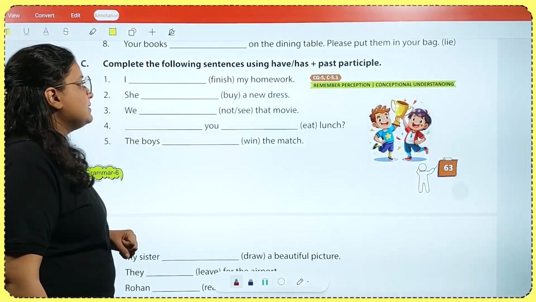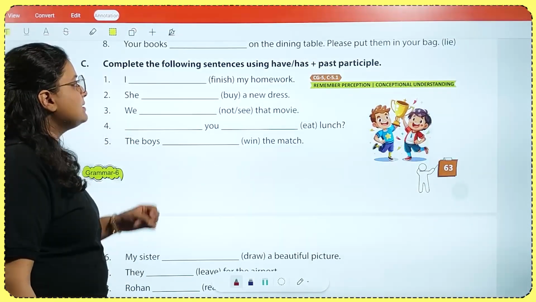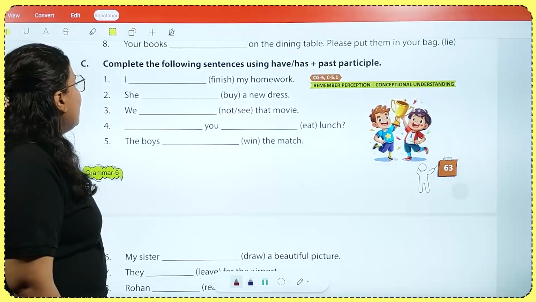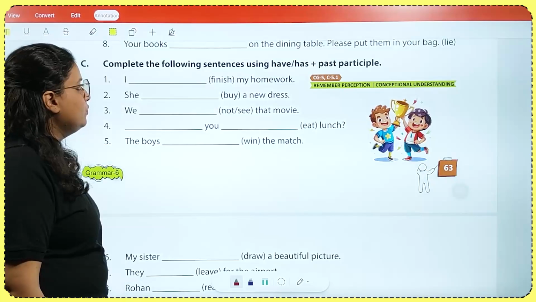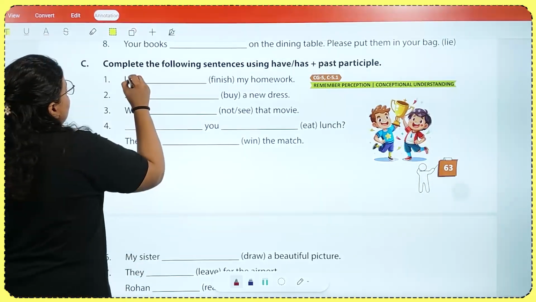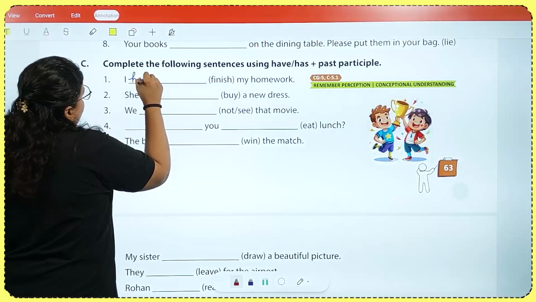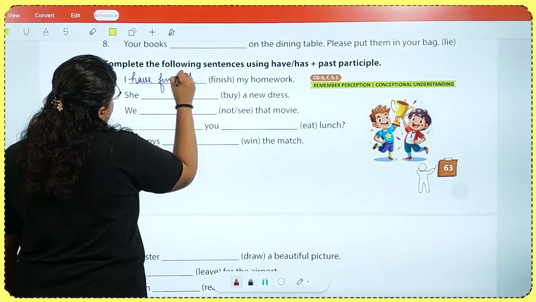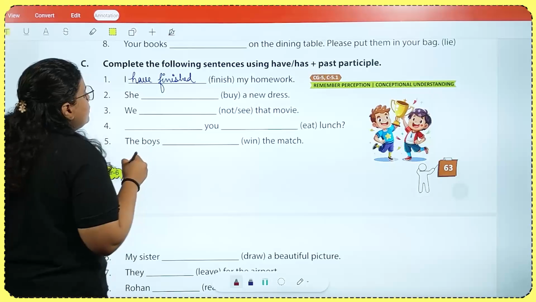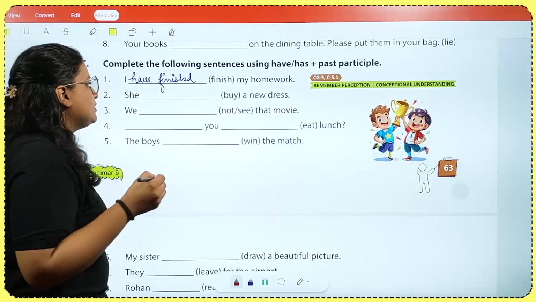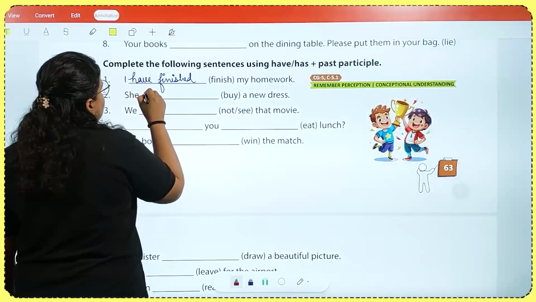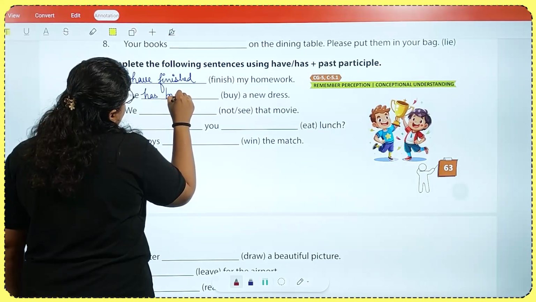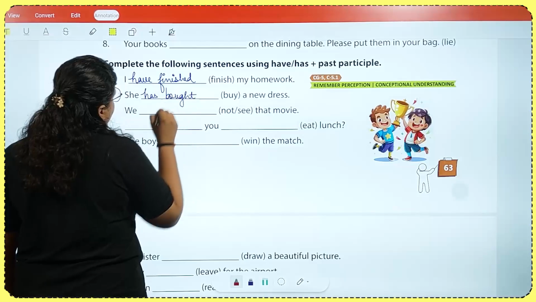Complete the following sentences using has, have plus past participle. I have finished my homework. She has bought a new dress.